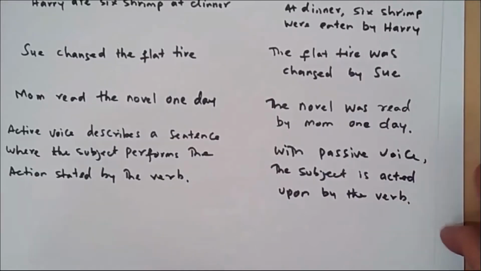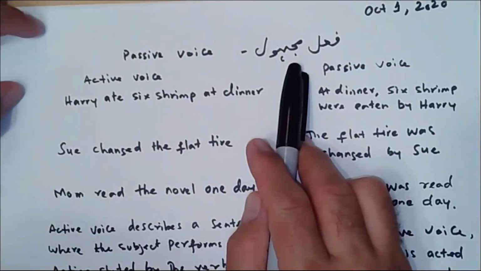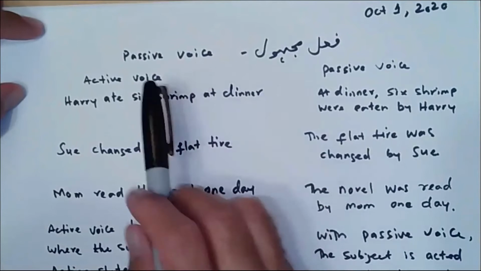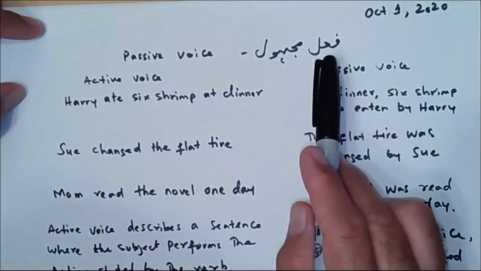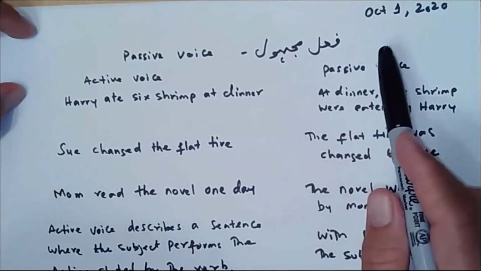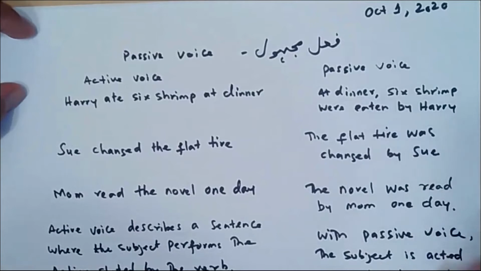So today, what I would like to do is, last time we talked about Fele Majhul, right? Now, Fele Majhul means passive voice, okay? And all this time we have been doing by default active voice, right?